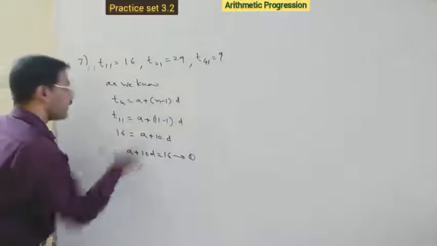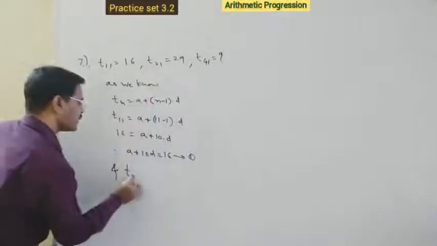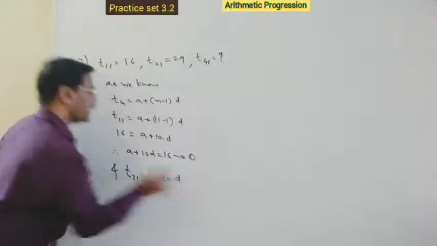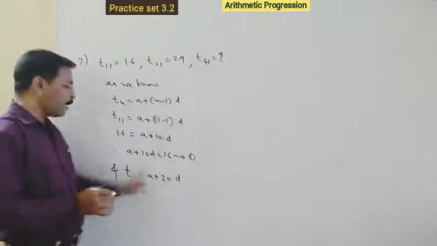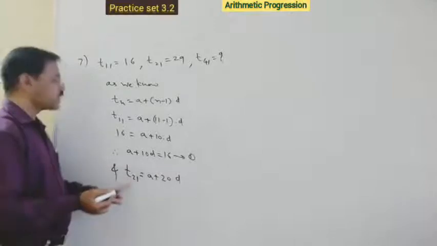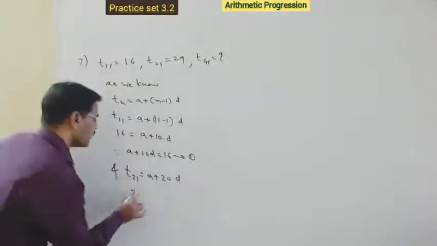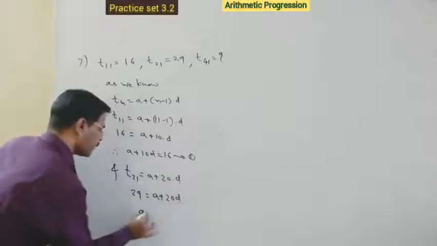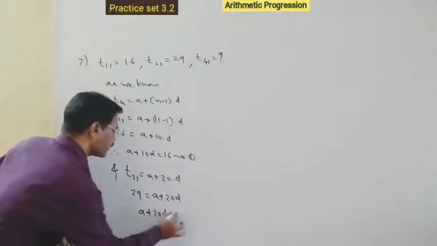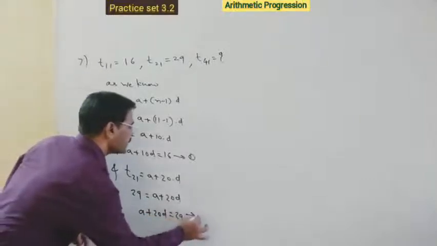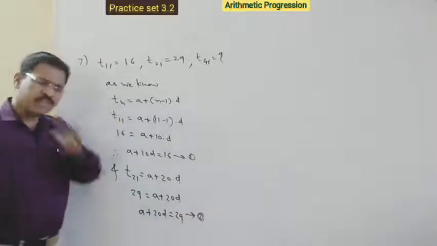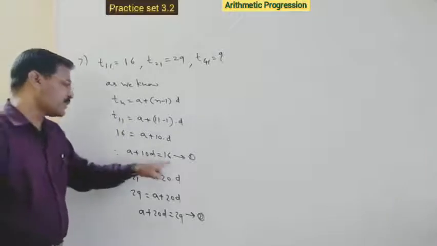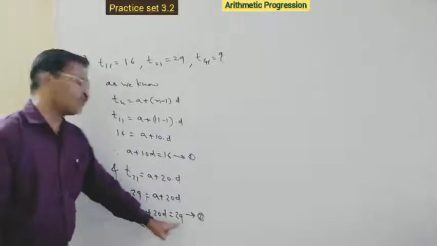And what about the 21st term? T21 is equal to a plus 20d, is it okay? Because 21 minus 1 is 20d. And this T21 we already know is 29. So a plus 20d is equal to 29. This is equation number 2. Now just try to observe here. a plus 10d is equal to 16, a plus 20d is equal to 29.